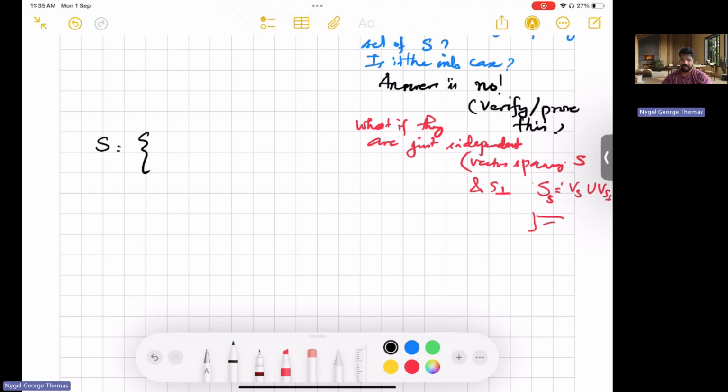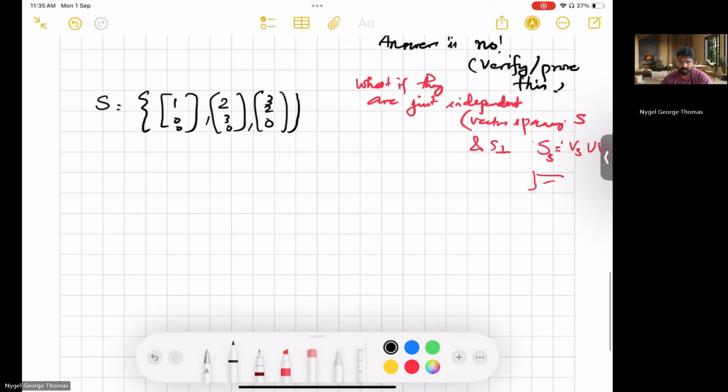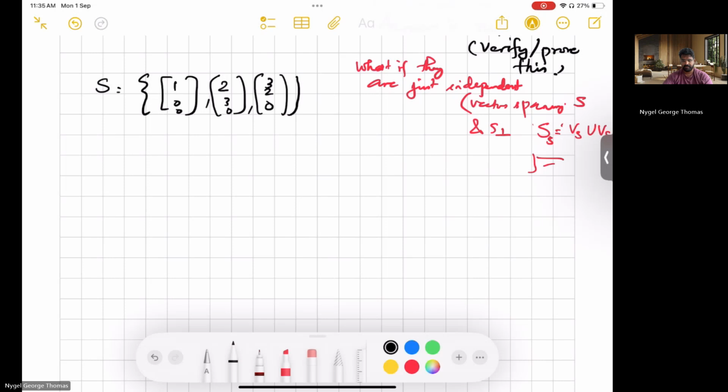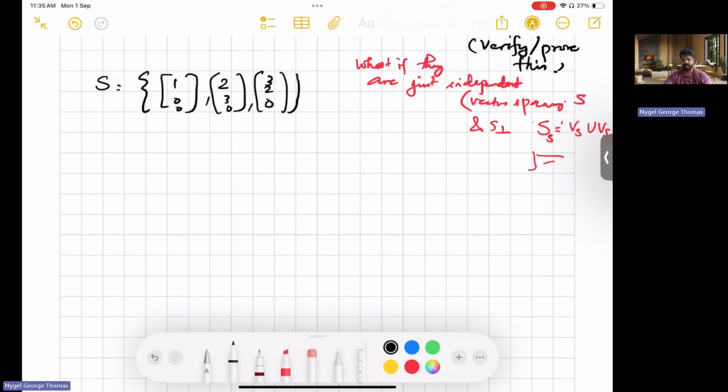Yeah, let's look at a quick example here. S is equal to (1, 0, 0), (2, 3, 0), (3, 2, 0). This is S, which is an orthogonal set, perpendicular. Is the span of S a basis?